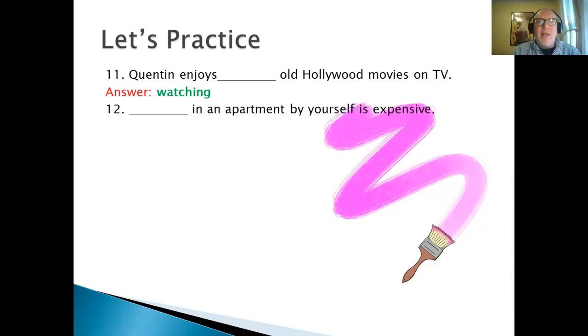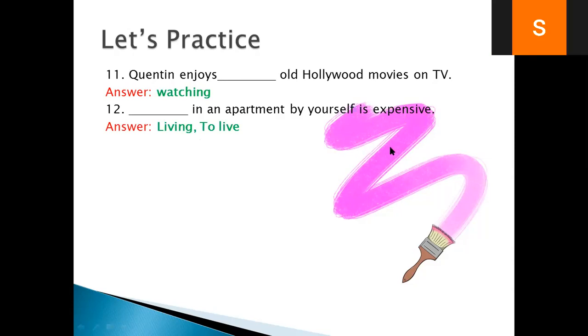Now here we have a verb in the subject position. ___ in an apartment by yourself is expensive. Living, or to live. Living in an apartment by yourself is expensive, or to live in an apartment. When we have it in the subject position, I can use a gerund.